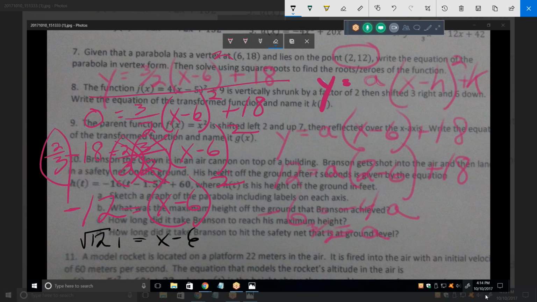Is the square root of 12 simplified? It can be. What is it simplified to? 3 square root 2? Or, wait, no, other way around. 2 square root 3. So it's really 2 square root of 3i equals x minus 6, which means x equals, and by the way, it was plus or minus.